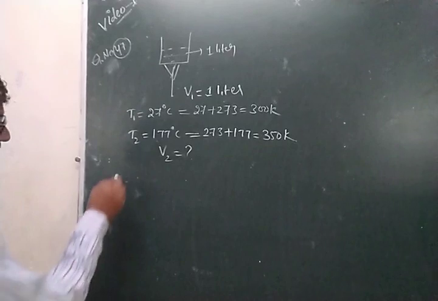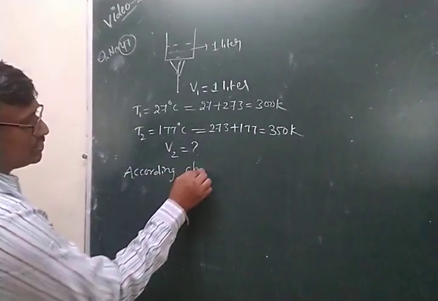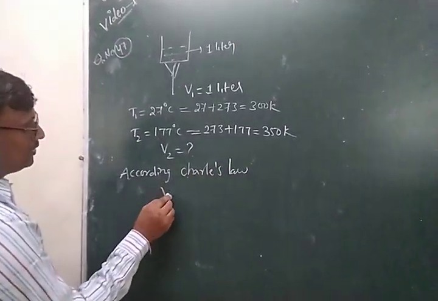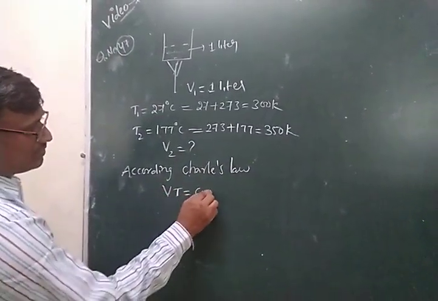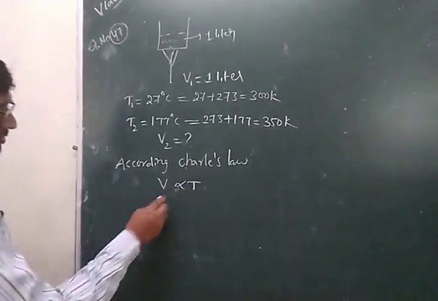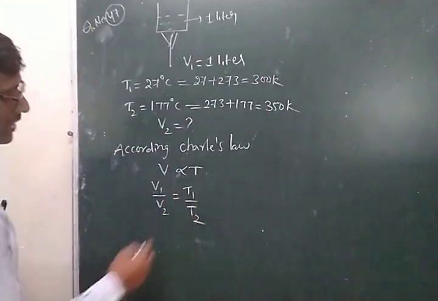According to Charles law, V by temperature is equal to constant. V is directly proportional to the temperature. Then write V1 by V2 is equal to T1 by T2.